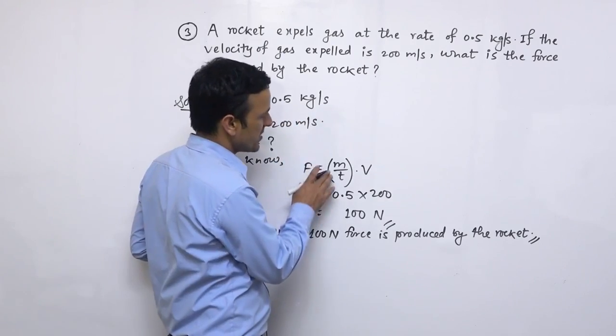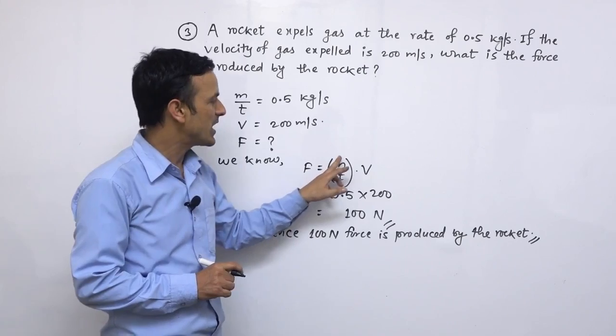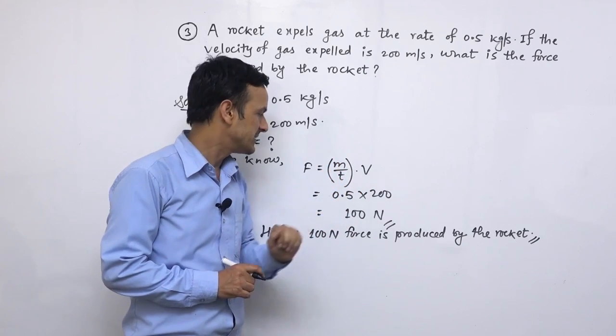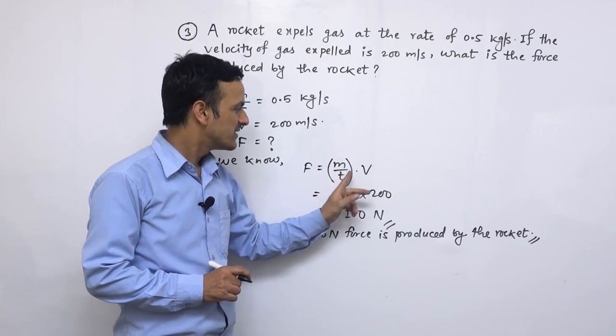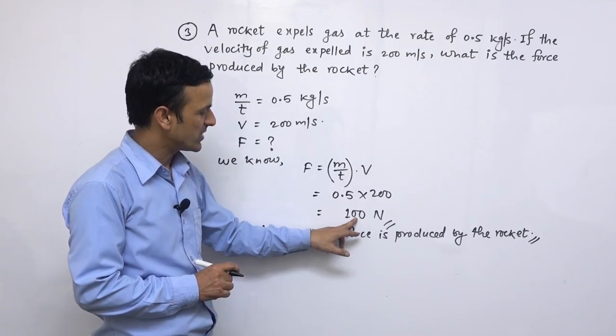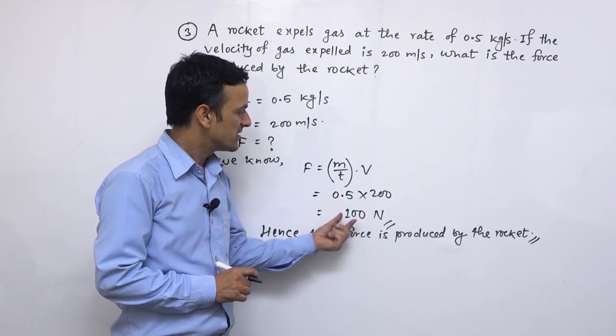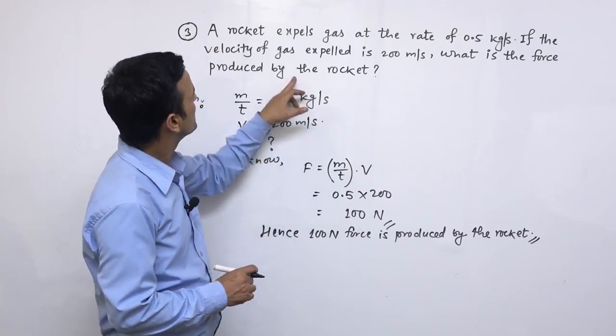So from this information we can use the formula F is equal to m upon t times v. By substituting the values of m by t and v, we get the required result. So 100 Newton force is required for the rocket launch.